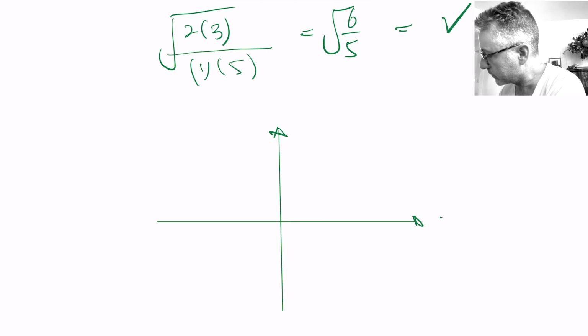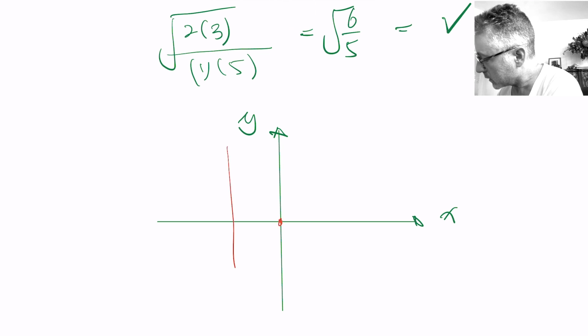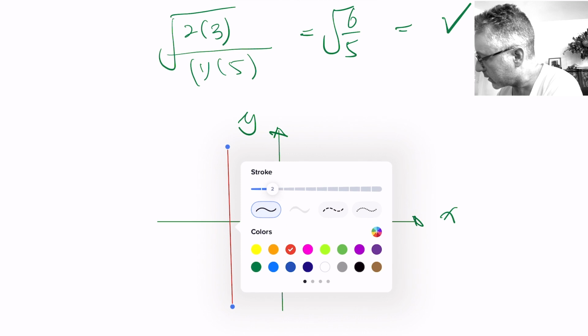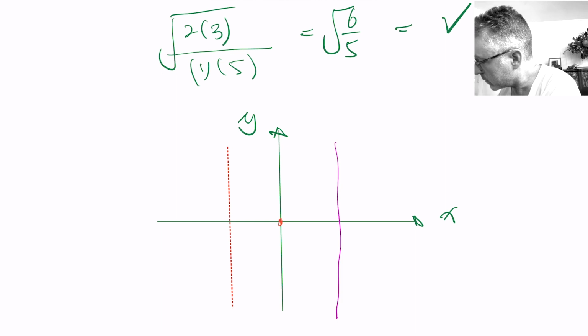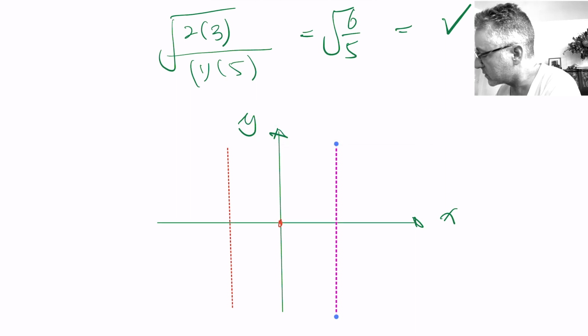X, Y. Let's give some regions in here. So we've got 0, obviously, negative 2, and positive 2. I'm going to put a line in here and style it up so we know what we're looking at. So what we have is that this area to the right is acceptable.